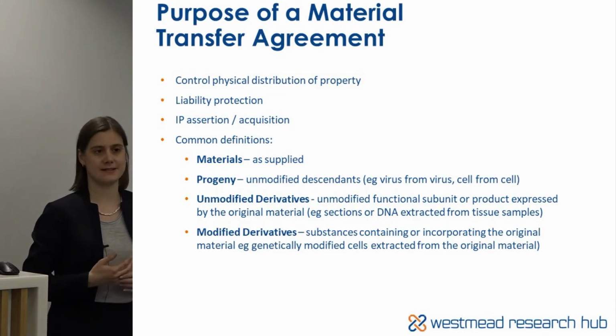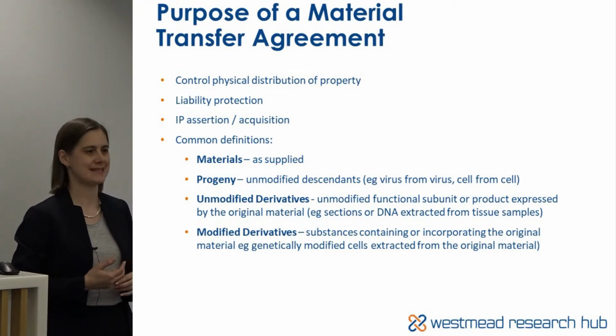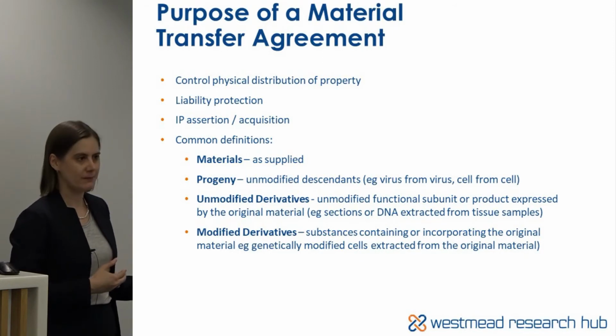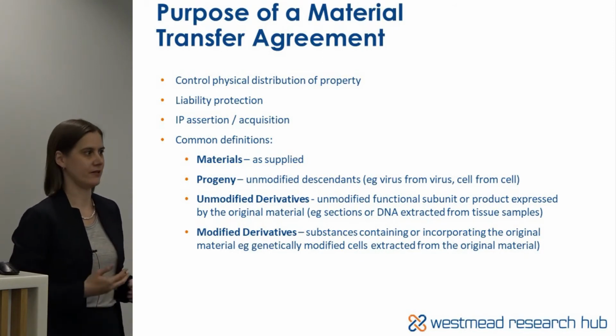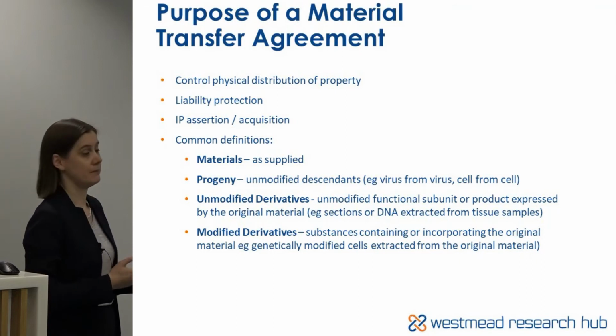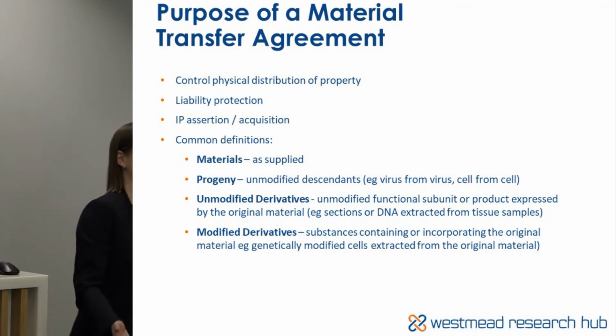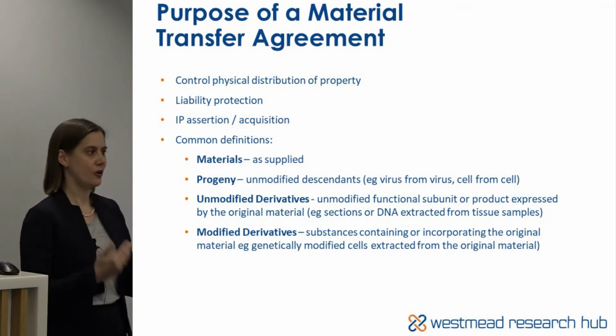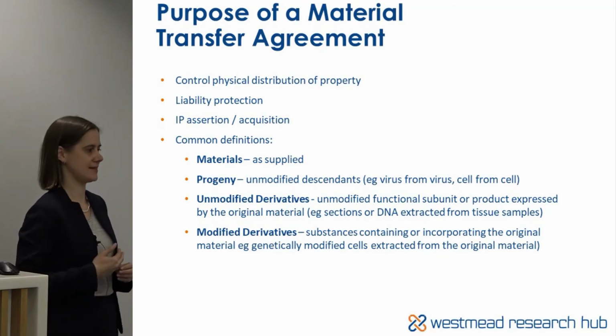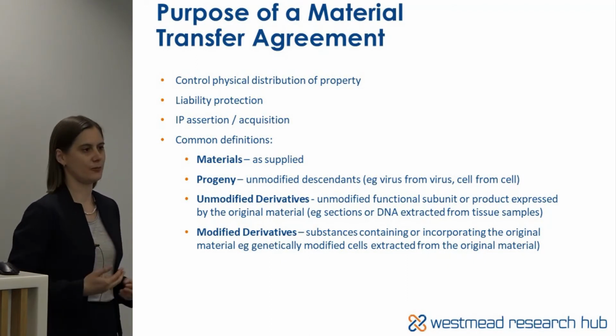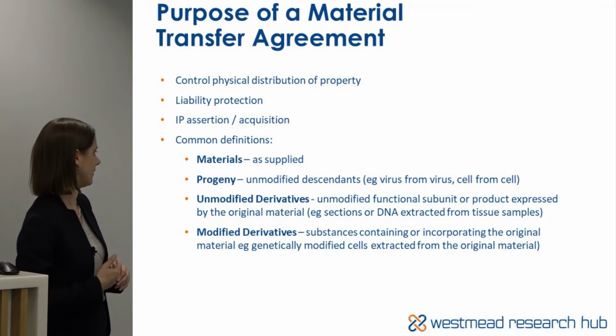Intellectual property is often a key thing in these agreements. There may or may not be intellectual property rights in the materials being transferred, but there may well be new intellectual property rights created from the use. Who owns those? Who has rights to that? Who controls publications around the results, that kind of thing.